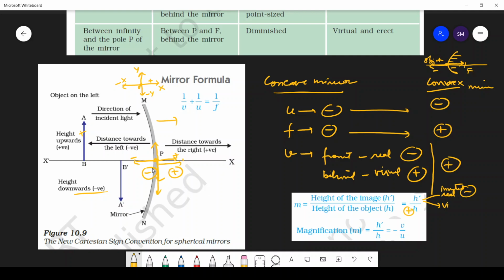That sign convention I have taken as negative, the negative y-axis. And if the image is virtual and direct, then h dash will be positive. So students, these are the formulas for the magnification and image.